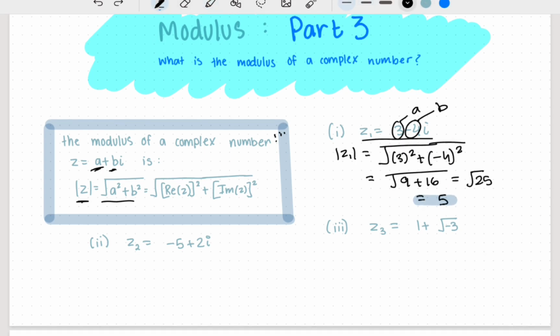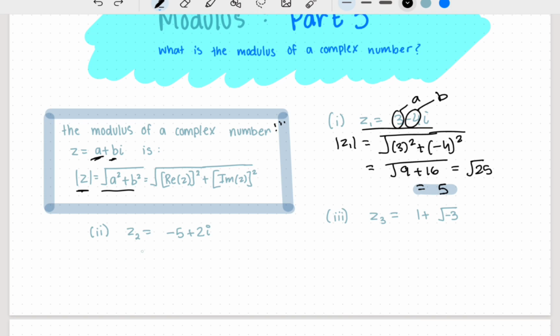Alright, let's move on to the next problem. The next problem is z2 equals minus 5 plus 2i. Once again, feel free to pause the video and give this problem a go. Alright, so once again, same thing as before. Let's find the modulus. So we get the modulus of z2 is equal to the square root of a squared plus b squared. A in this case is minus 5, b in this case is 2.